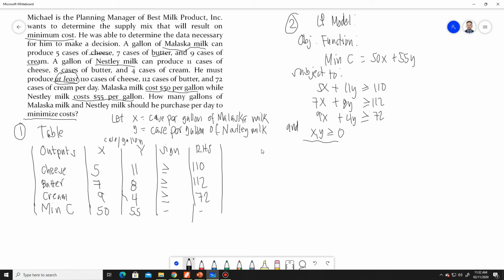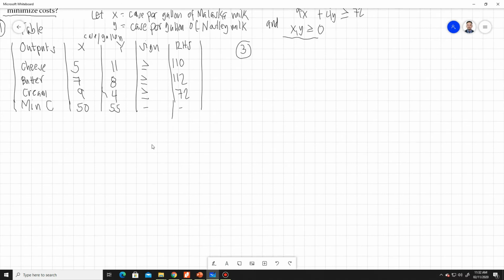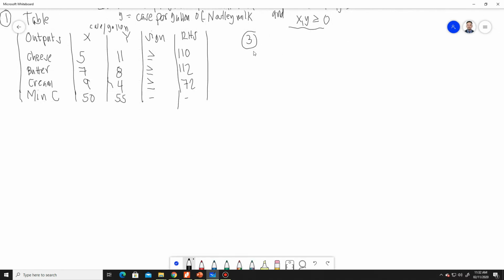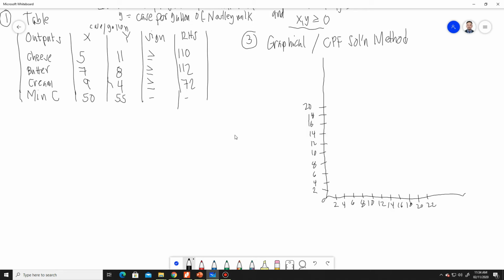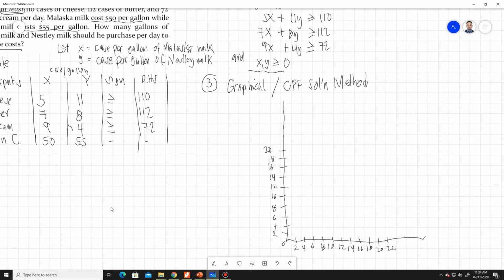For step 3, is the graphical and the corner point feasible solution method. Okay, we will plot first the line for equation 1.